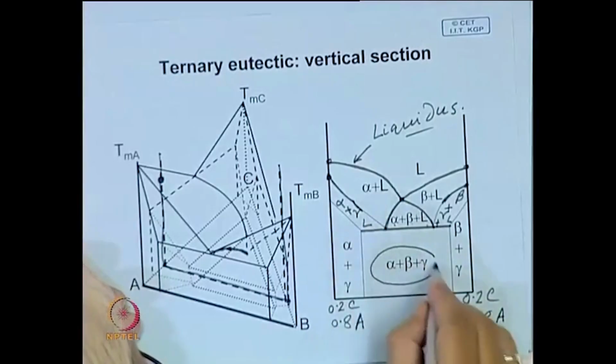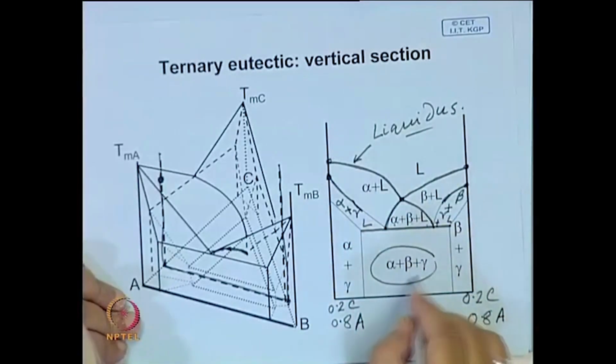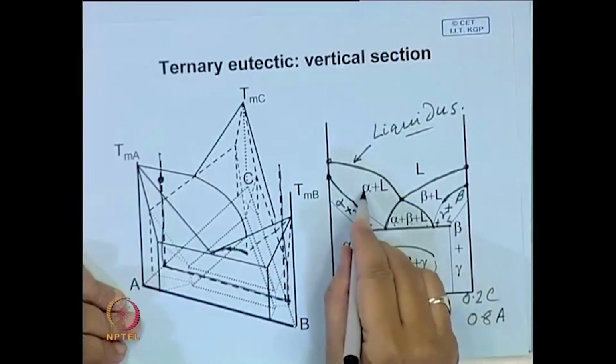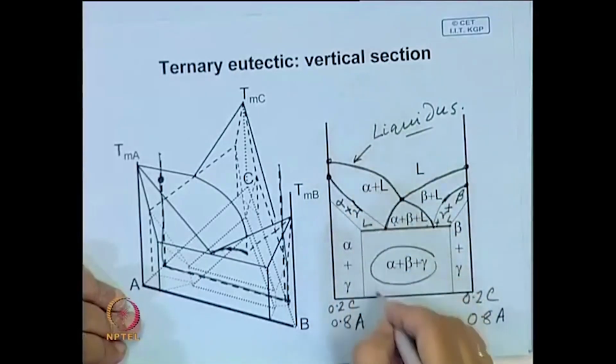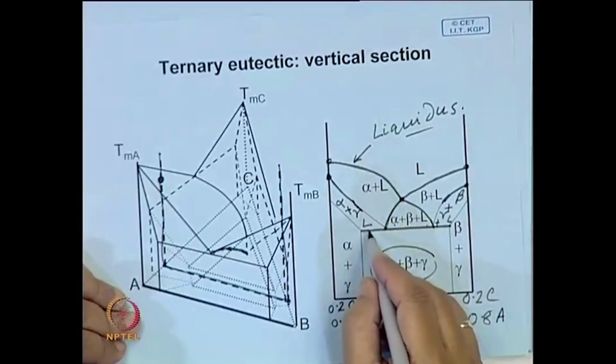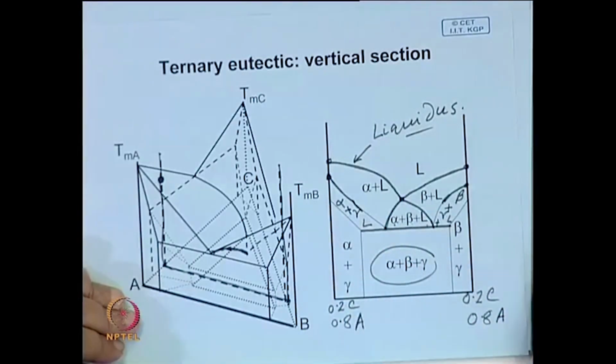After this, the remaining liquid will solidify as ternary eutectic, but you will have primary phases depending on where you are located. You will have some primary alpha, you will also have some binary eutectic and ternary eutectic. So, this is how it is possible to construct both horizontal and vertical sections of a phase diagram.